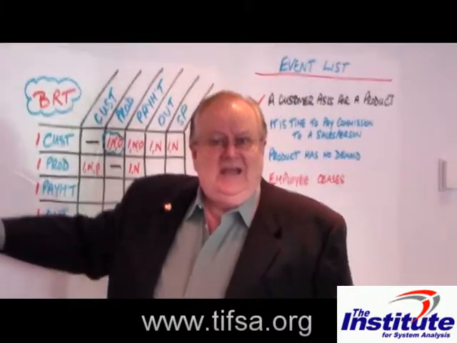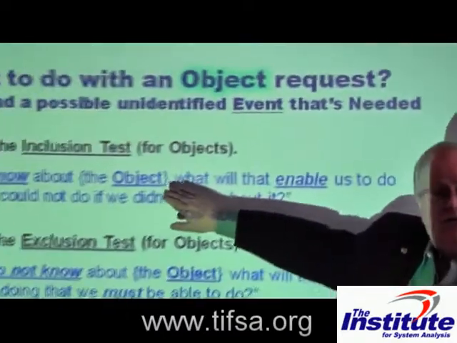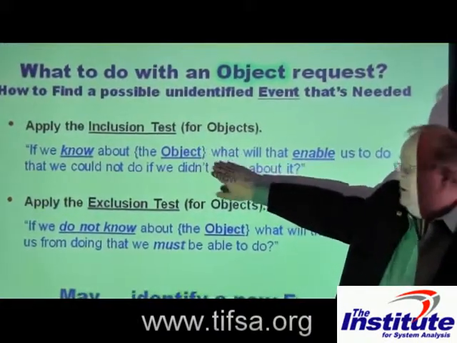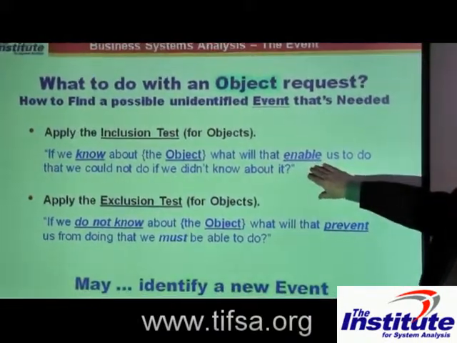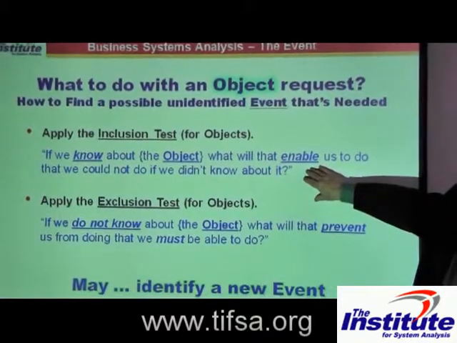So instead of saying, why do you need the salesperson, we can ask an inclusion question or an exclusion type of question. And that is, if we know about the salesperson who served the customer, what will that enable us to do that we have to be able to do?